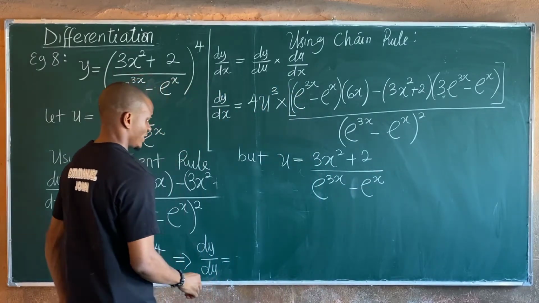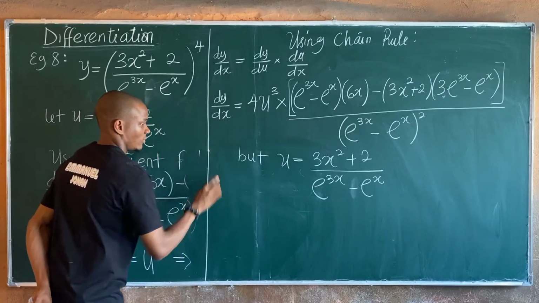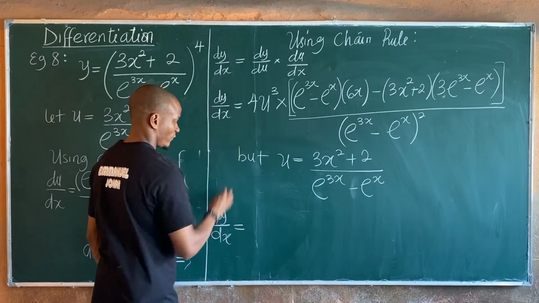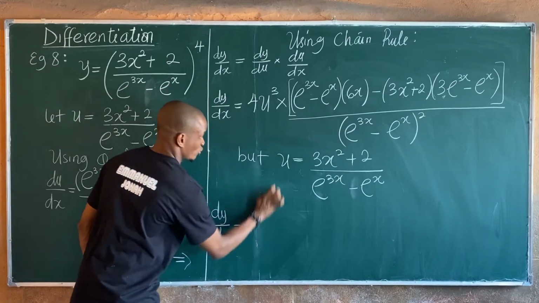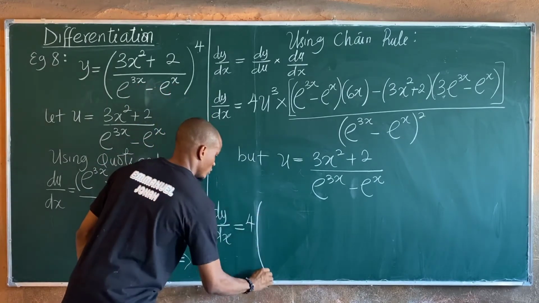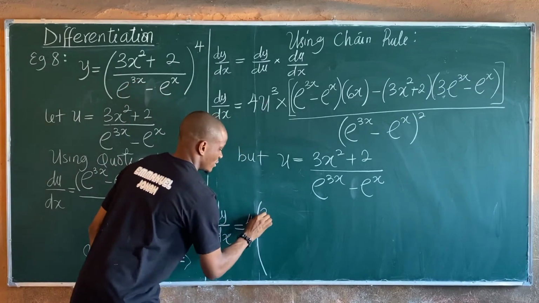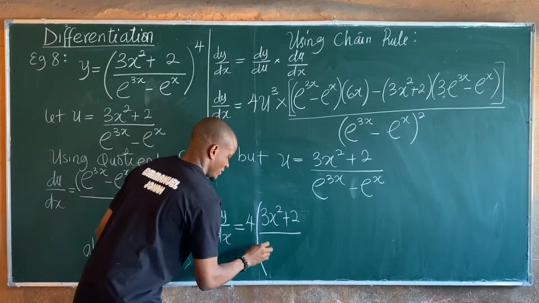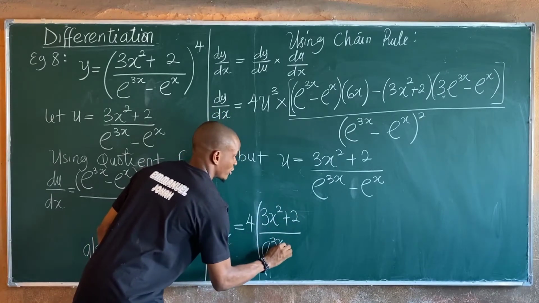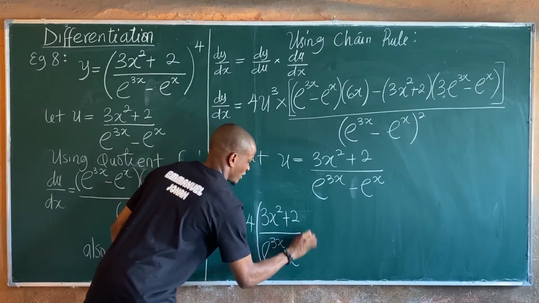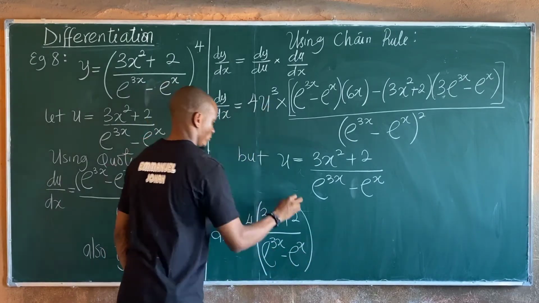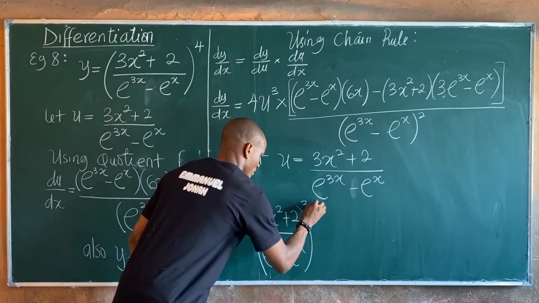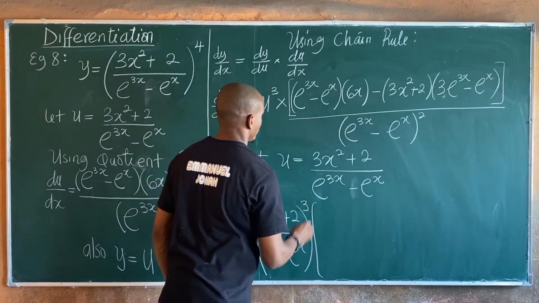So hence I'll have that dy over dx is now equal to 4u cubed. U itself is 3x squared plus 2 all over exponential 3x minus exponential x. So 4u cubed into all of this. This term here is now 3.